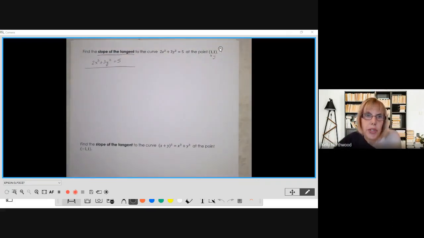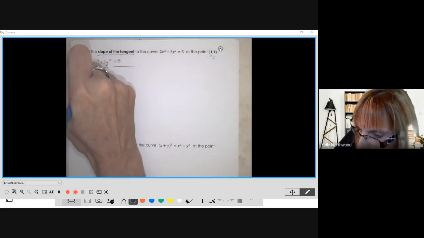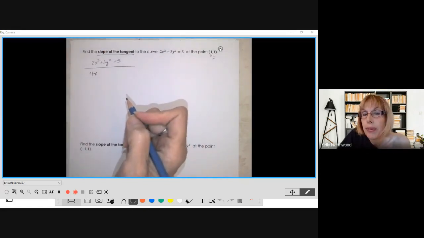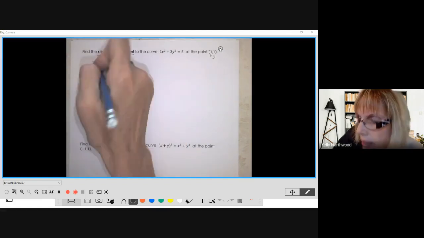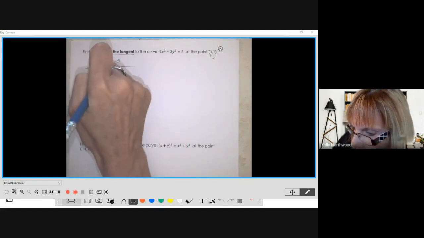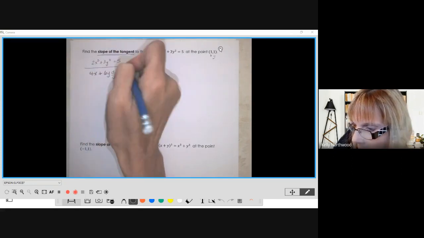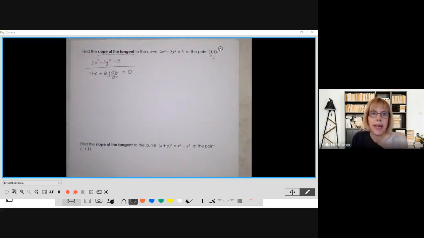So the derivative of 2x squared with respect to x is 4x. The derivative of 3y squared with respect to x is going to be 6y times dy by dx. And the derivative of 5 with respect to x is 0.